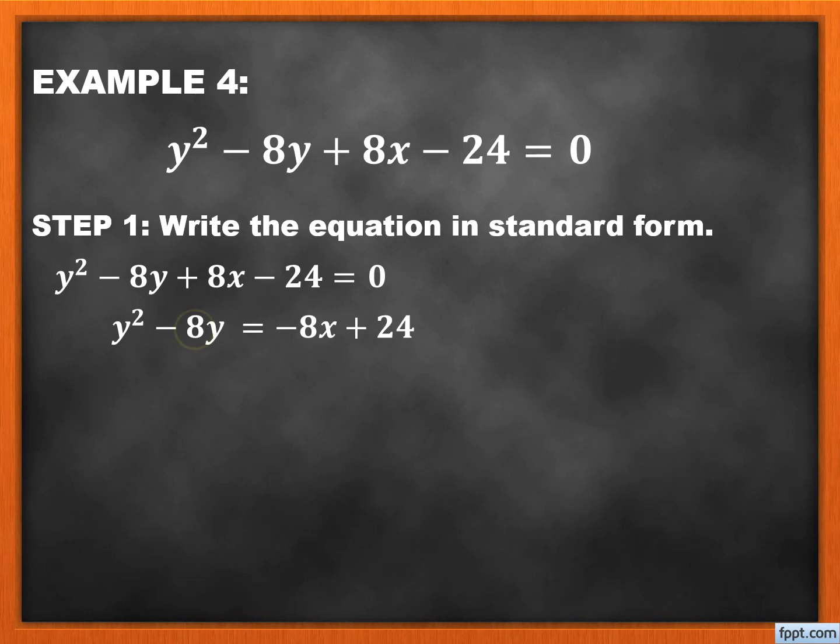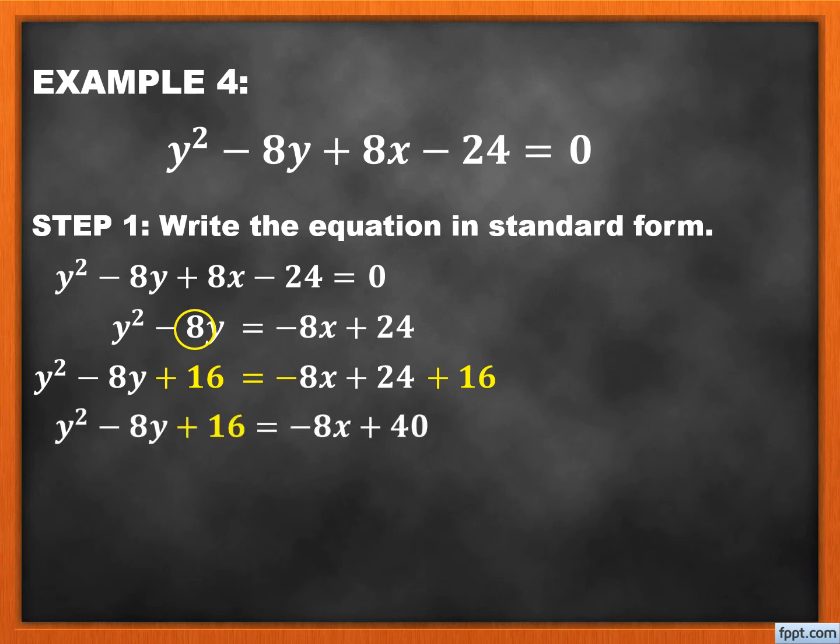Now let us complete the square using this number. So we have 8 divided by 2 is 4, and 4 squared is 16. Therefore, we add 16 to both sides of the equation. Next, we simplify 24 plus 16, which is 40.